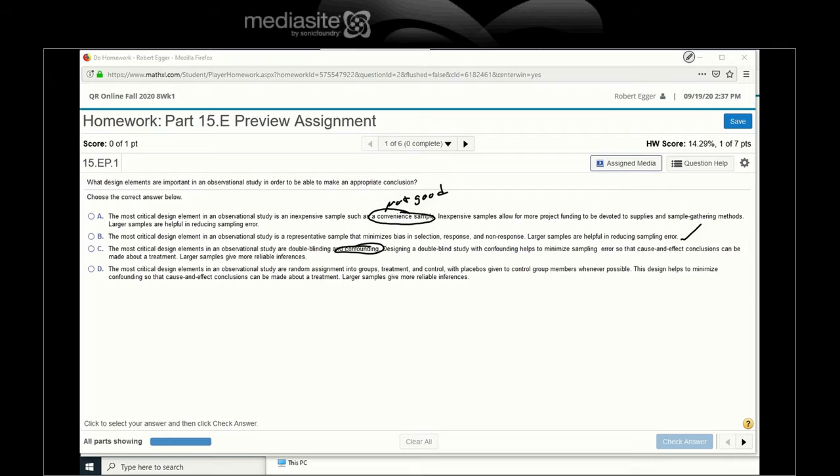We want to minimize variability, control the variables so we don't have confounding. Additionally, double-blind is for a treatment. And cause and effect is again experimental, and we're looking for observational studies, so it can't be that one.